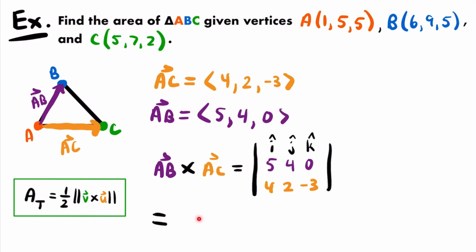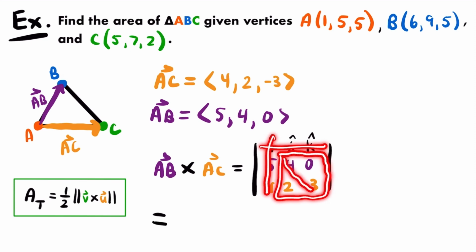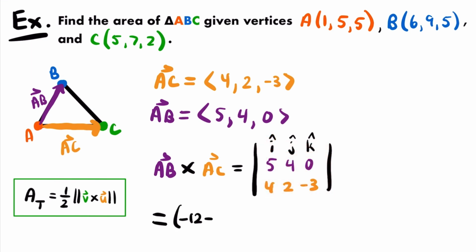We're going to start by looking at vector i, cross out the row and the column that it's located in, and then use the remaining 4 values to calculate a 2x2 determinant. So we'll have 4 times negative 3, which is negative 12, minus 0 times 2, which is 0. So we'll have negative 12 minus 0, and that will be multiplied by vector i. Then we're subtracting a value multiplied by vector j, and then we'll be adding a value multiplied by vector k.